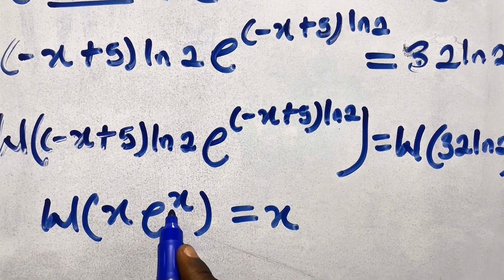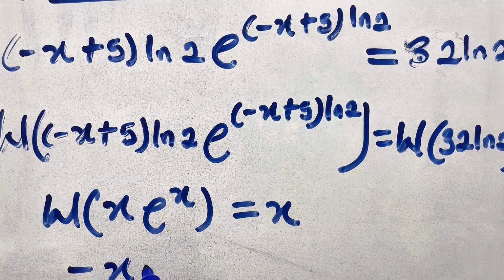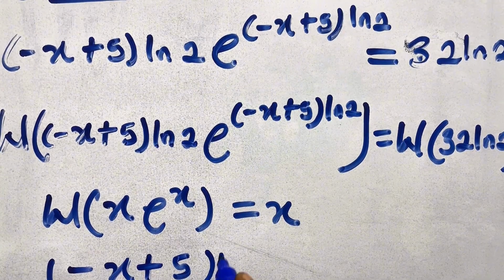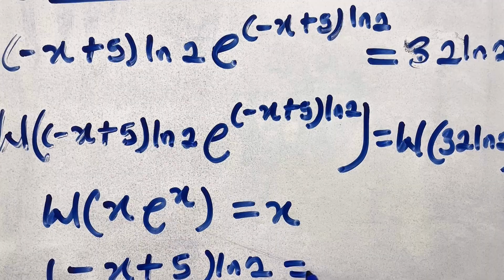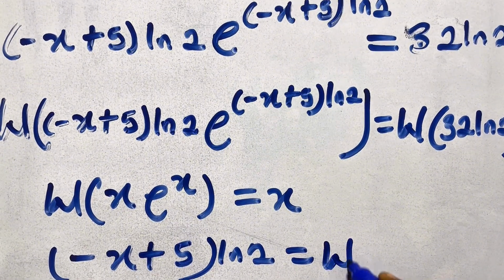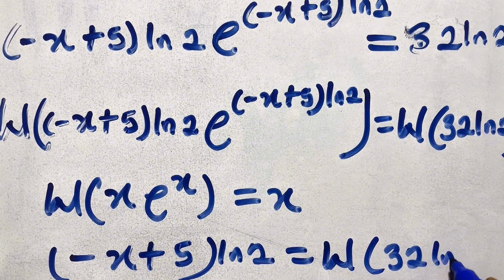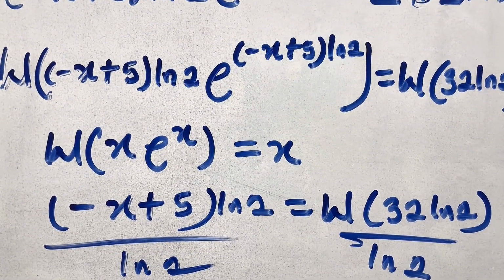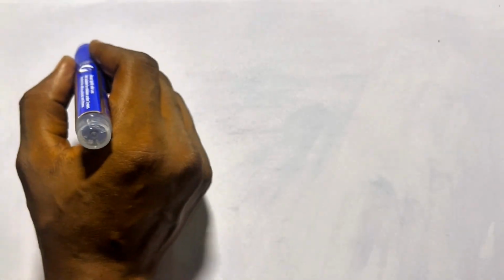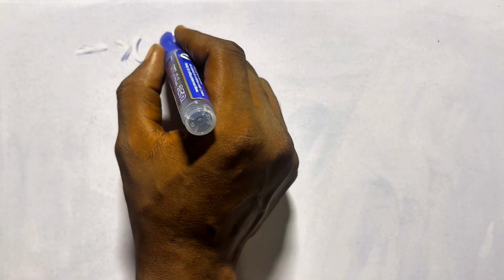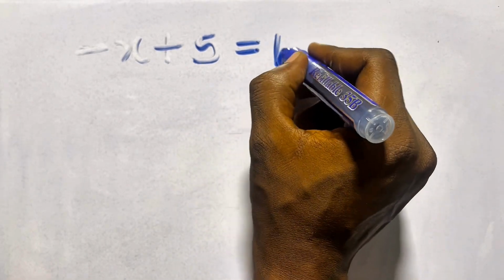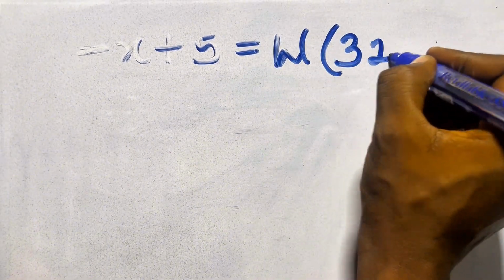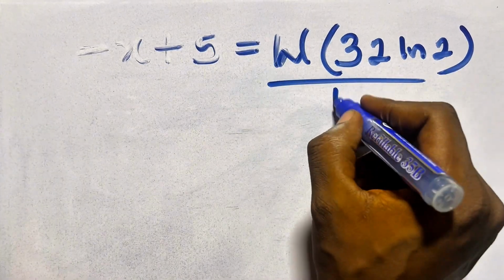So the Lambert function of this will be minus x plus 5 ln 2 equals the Lambert function of 32 ln 2. Moving forward, if we divide both sides by ln 2, we have minus x plus 5 equals the Lambert function of 32 ln 2 divided by ln 2.